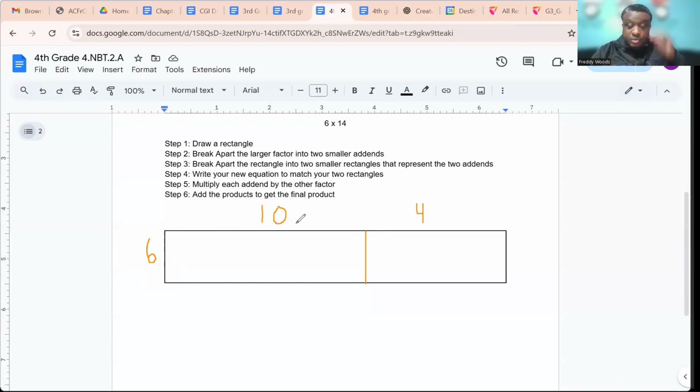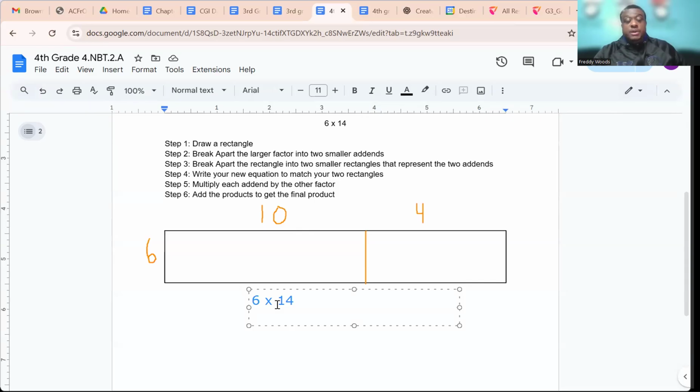Now I am going to have to change my equation, right? So my equation was 6 times 14.